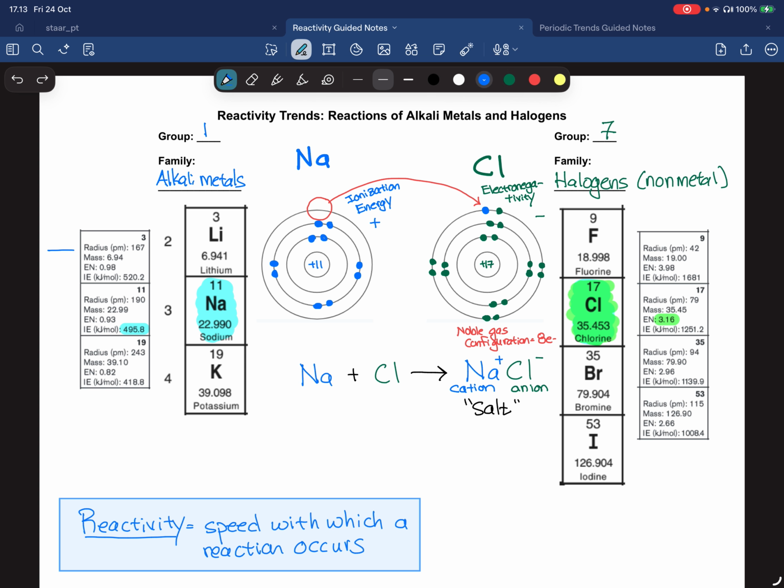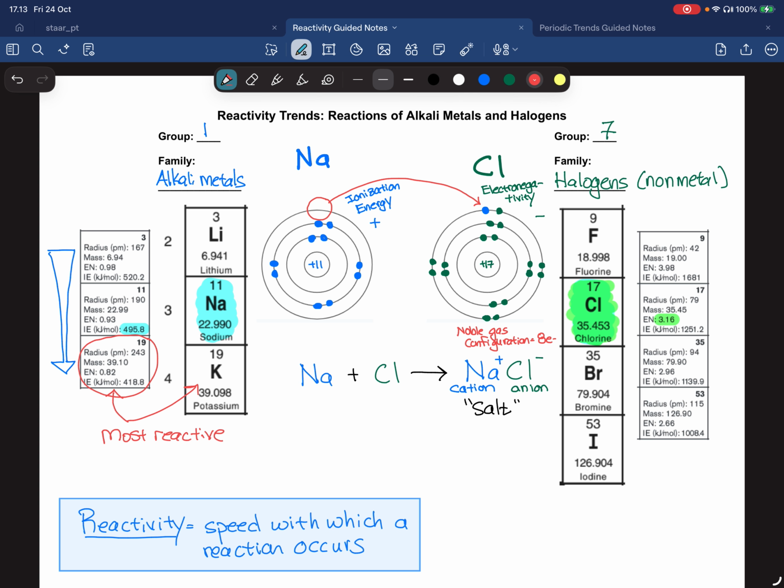And so the most reactive one is going to be the one with the lowest ionization energy. So potassium is going to be the most reactive, and lithium will be the least.